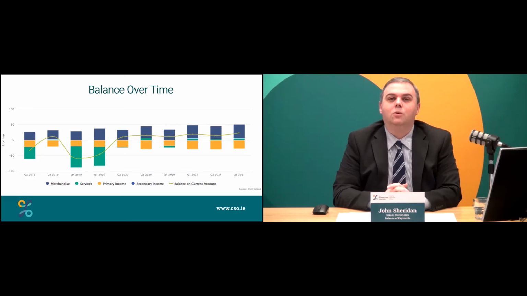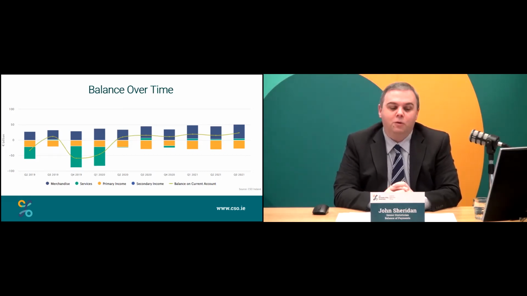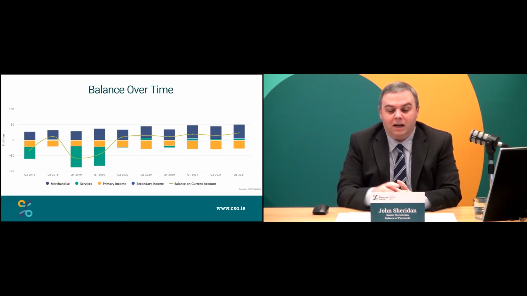So looking at this quarter compared to last quarter, our merchandise balance has increased by 3.4 billion. Our services balance has increased by 1.8 billion, and our net factor outflows have decreased by 3 billion. And these all combined to give us a current account balance that has increased 8.3 billion on last quarter.